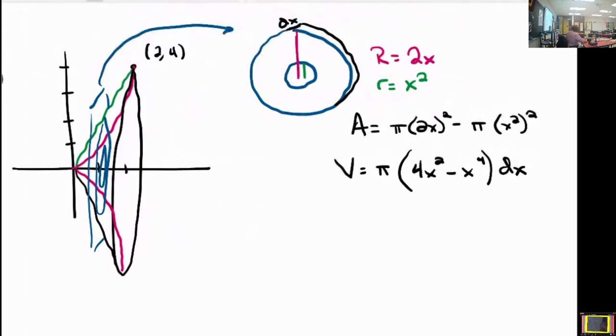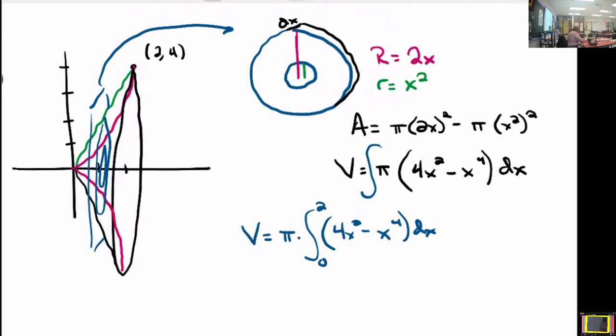So when it comes to setting up an integral, we just put an integral in front of this thing, with the proper bounds. Our total volume of this three-dimensional solid is going to be pi times the integral from 0 to 2 of 4x squared minus x to the 4th dx.